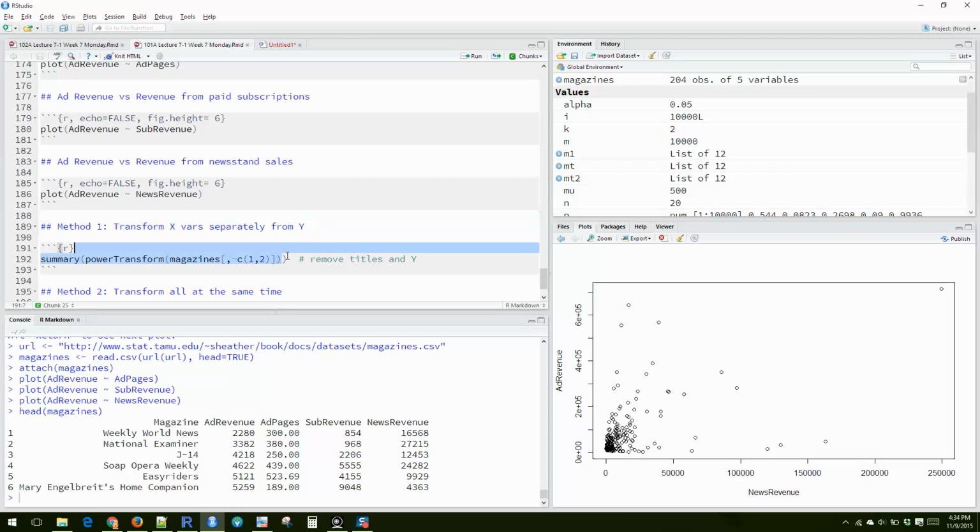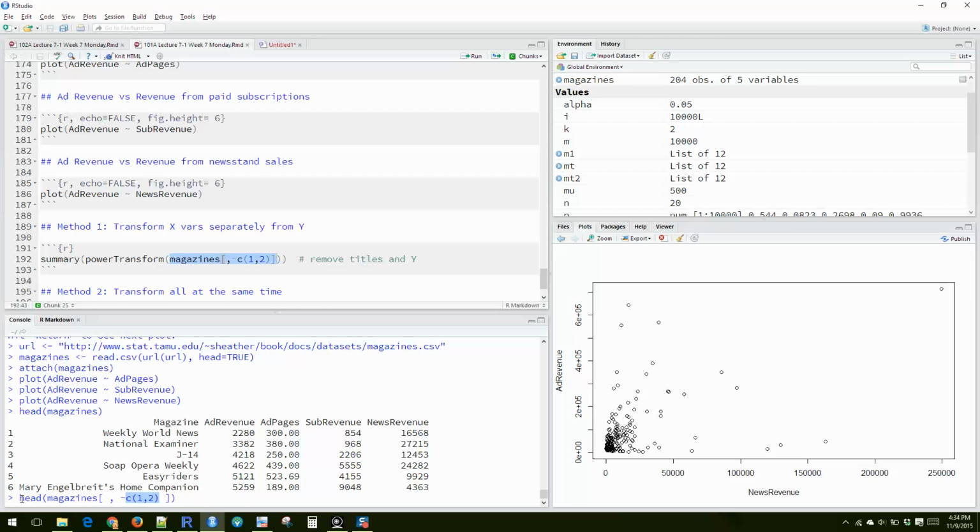And if we're going to transform the x variables separately from the y variables, we're going to get rid of the ad revenue column as well. So in this case, I'm subsetting magazines so that we are removing the first two columns, using just bracket notation, saying all the rows, but which columns?